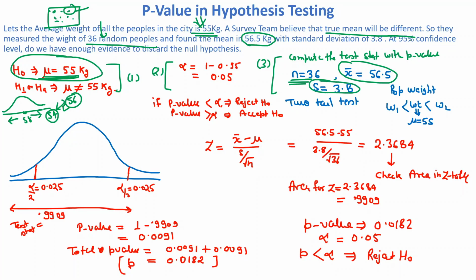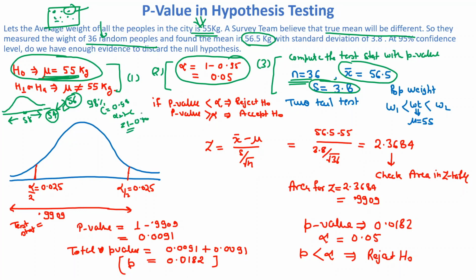At a 95% confidence level, what is alpha? Alpha is 1 minus the confidence level, so 1 minus 0.95, which is 0.05. How do we calculate alpha? Whatever the confidence level we have, say 98%, then our confidence C would be 0.98 and alpha would be 1 minus C, so 1 minus 0.98.